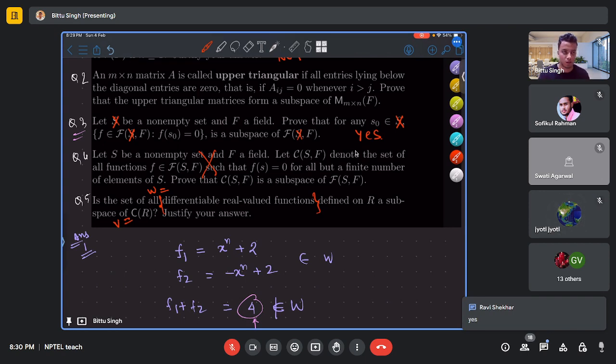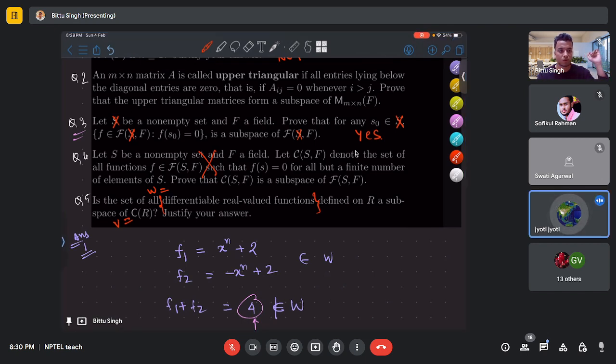So now what is your answer? You have seen that addition of two differentiable functions is differentiable, and scalar multiplication of a differentiable function is differentiable. So it will make a vector space.